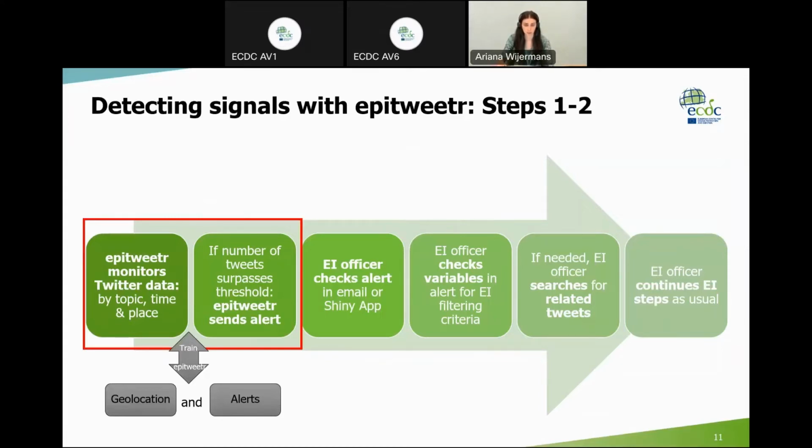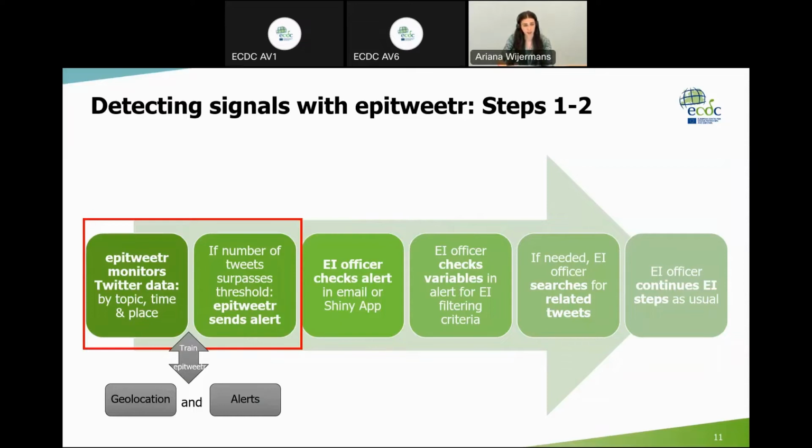So for example, the topics that I just mentioned before, then epitweetr will automatically monitor the Twitter data for topic, time, and place. And once a certain number of tweets for a topic and location surpasses the threshold that is determined by the algorithm, epitweetr will send an alert. So this will run automatically as long as epitweetr is turned on and set to run.